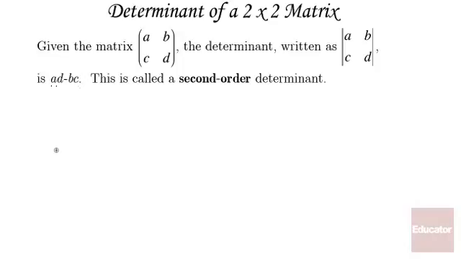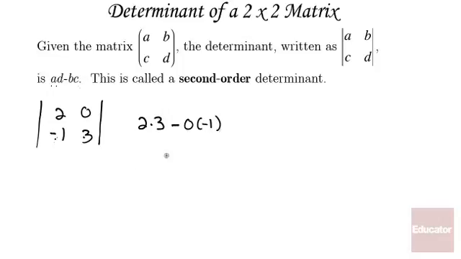Let's try an example using a 2 by 2 matrix. To find this determinant, I'm going to multiply 2 times 3, and from that product I will subtract the product BC, which is 0 times negative 1.